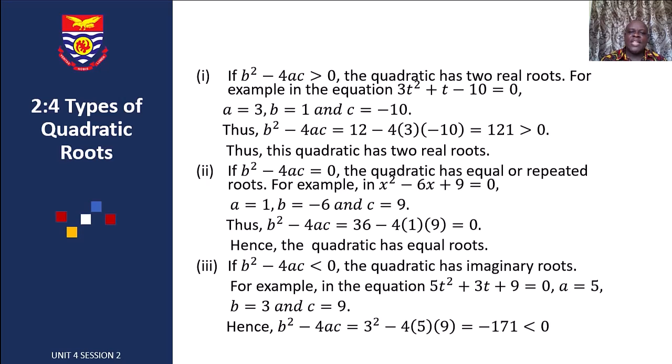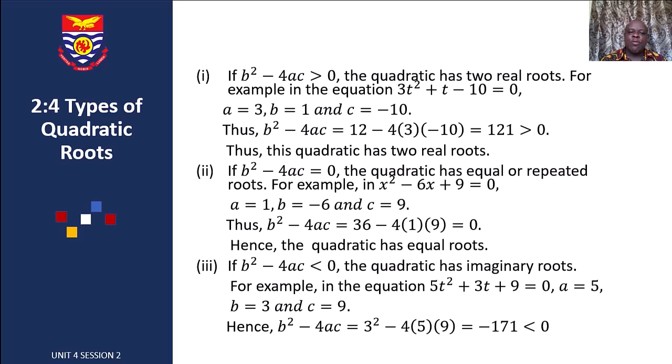This means that if you should solve the quadratic equation 3t squared plus t minus 10 is equal to 0, you are going to get 2 different answers, which we refer to as 2 distinct roots. In another case, if you put the values into the discriminant and the answer you get is 0, it means that if you solve that quadratic equation, you are going to get the same roots, or repeated roots.